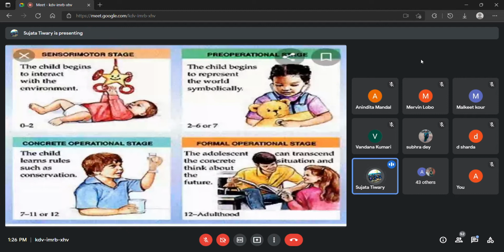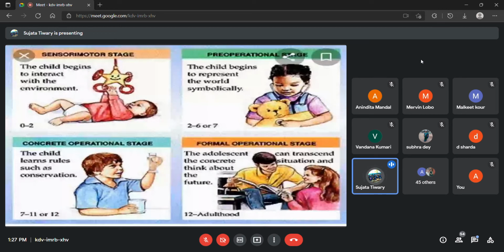Now, this age is convergent and divergent at the same time. Divergent means from one hypothesis, they can deduce a number of hypotheses and principles, and relate them. So divergent from one to various, and at the same time, reverse also, from various to conclude to one result, one inference.